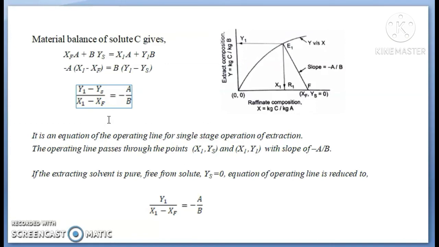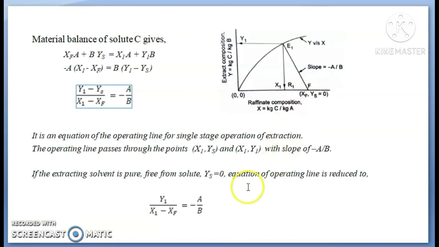In most cases, if the extracting solvent is pure, that is free from the solute initially, then we can take YS equal to 0, and the operating line starts from the x-axis, where in this XY coordinate the extract composition is plotted against the raffinate composition. Here is the feed point, and YS equal to 0 is taken at the zero value of YS.